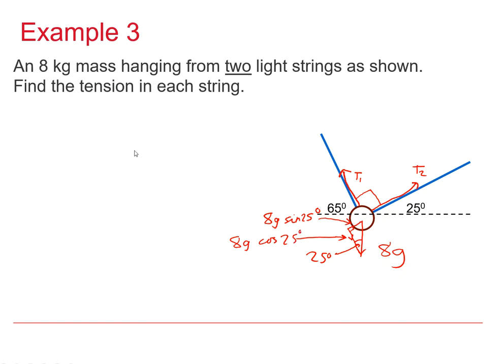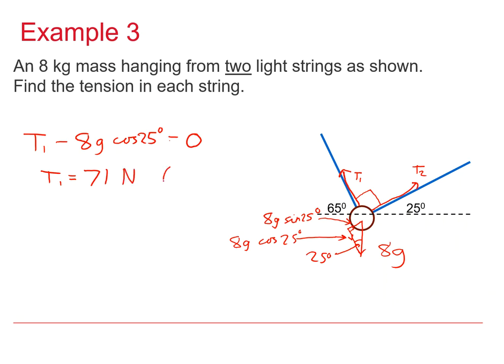So if we start with T1, in the direction of T1 we have T1 minus this component here, which is acting in that direction but in the negative sense, so that's T1 minus 8g cos 25 equals 0.